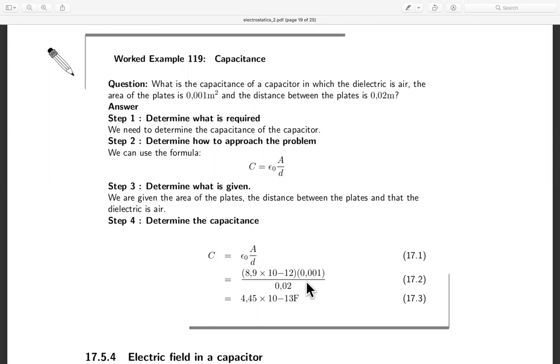After we calculate this, the capacitance is 4.45 times 10 power minus 13 farad.